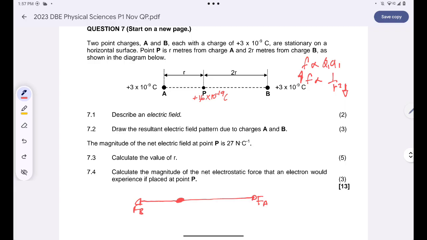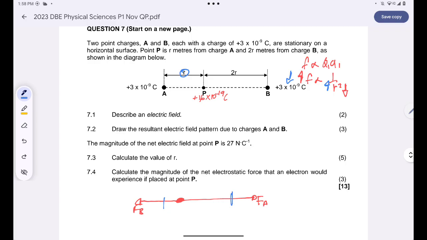But if the distance apart is greater, then the force will be lower. Between A and P, the distance is smaller than the distance between P and B. So I'm expecting that the repulsion force due to A will be greater than the repulsion force due to B.